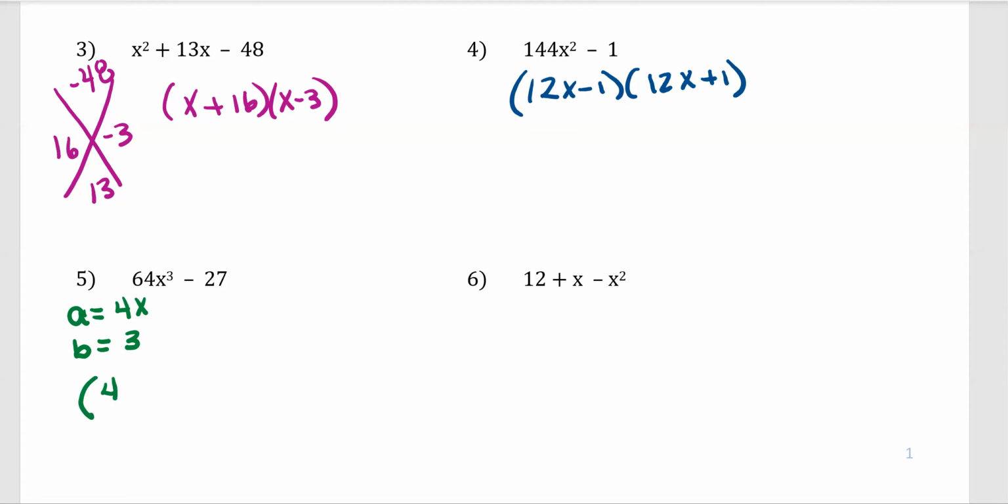This will factor into the first factor of 4x minus 3. Then it's 4x times 4x, which is 16x squared, a times b, or 3 times 4x, and 3 times 3 is 9. The signs are the same, opposite, always positive.